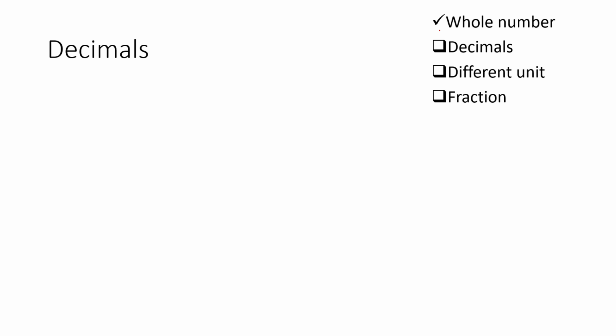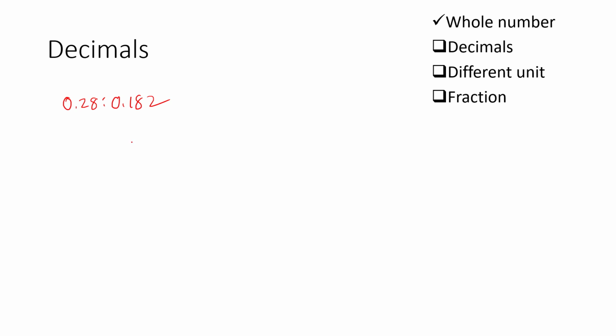Next, we have decimals. Let me give you one example: 0.28 is to 0.182. For a newer calculator, if I'm not wrong, you should be able to key this into your calculator and it will straight away give you the answer.